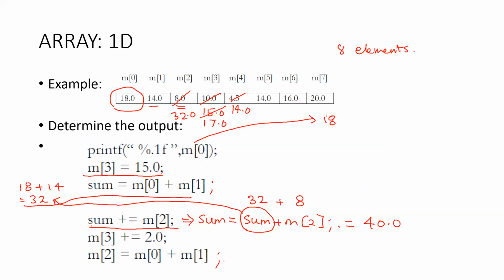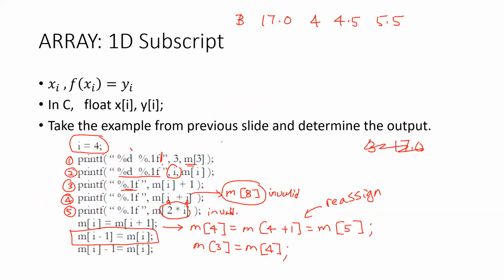So dia sama juga yang tadi. M3 ni banyak banyak perubahan sungguh. Okay, so dia akan reassign balik kepada 14. So M3, M4 and M5 are all equal dalam kes ni. Okay. So tak ada masalah, kita boleh buat operation dalam square bracket.